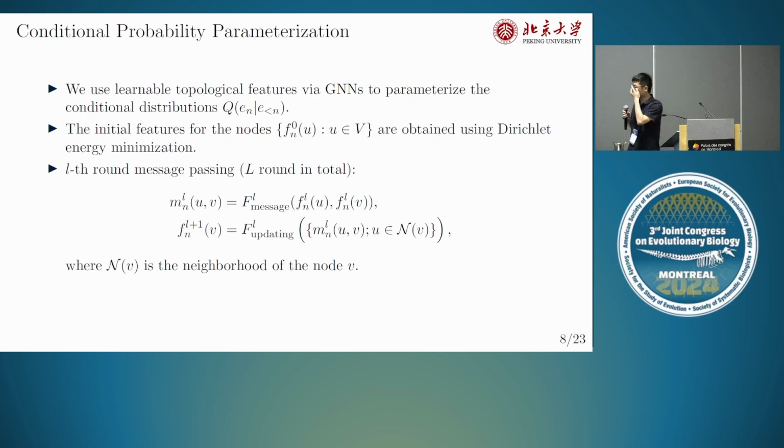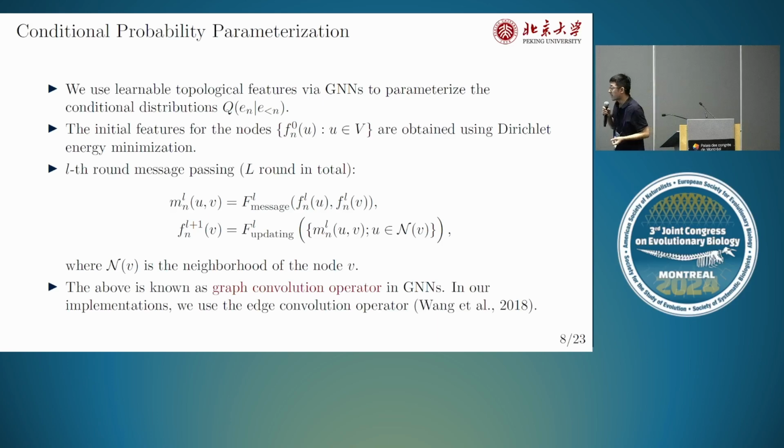And it contains 2 steps. One step is to aggregate messages from the neighboring nodes. This is called the message step. And once you get these messages, you aggregate the messages from the neighbors to form your new node feature. This is called the update layer. And this one is required to be permutation invariant, because it acts on a set.